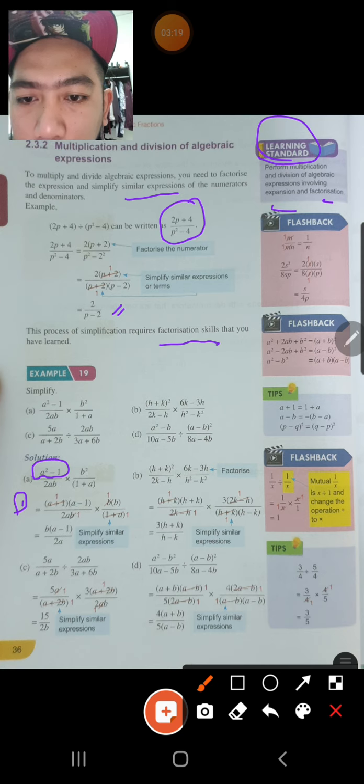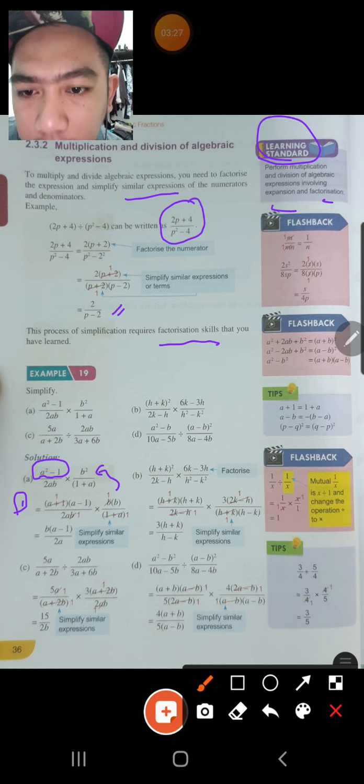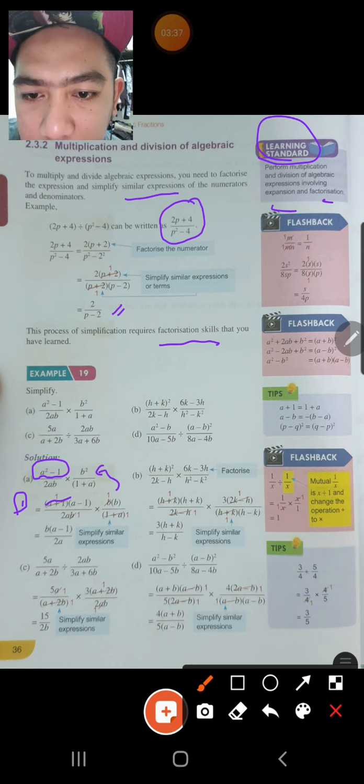And b square, when you factorize it, becomes b times b. Now you find the similar expressions. Here a plus 1, you eliminate with this 1 plus a. And here, this b you eliminate with this b.